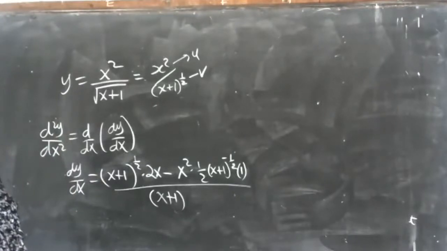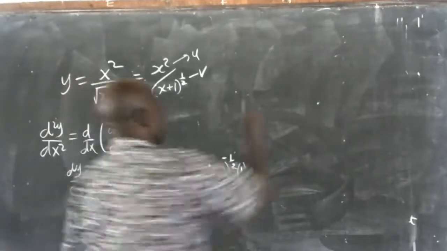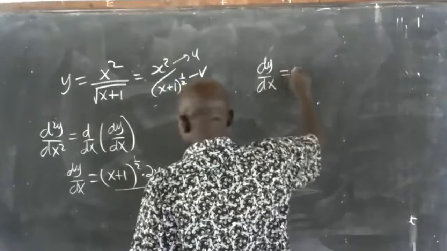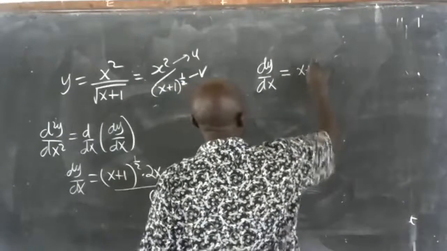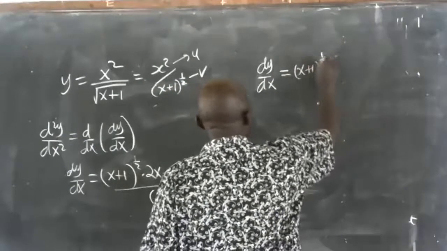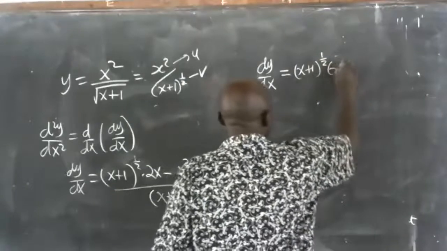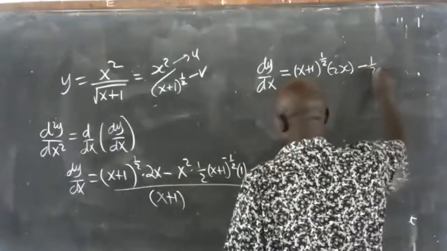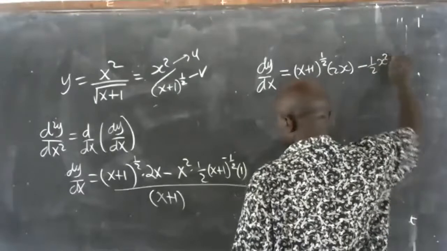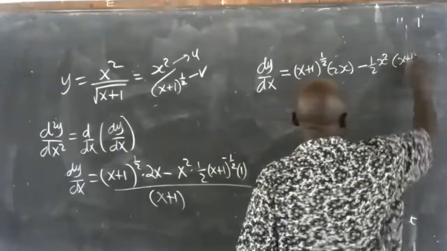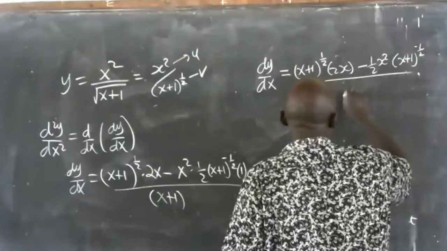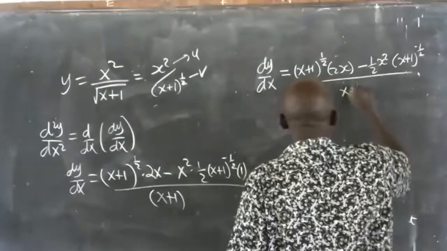See, there's no problem. So dy/dx will now equal our x plus 1 to the power half, and this is 2x minus a half x squared, then x plus 1 to the power negative a half, over x plus 1.